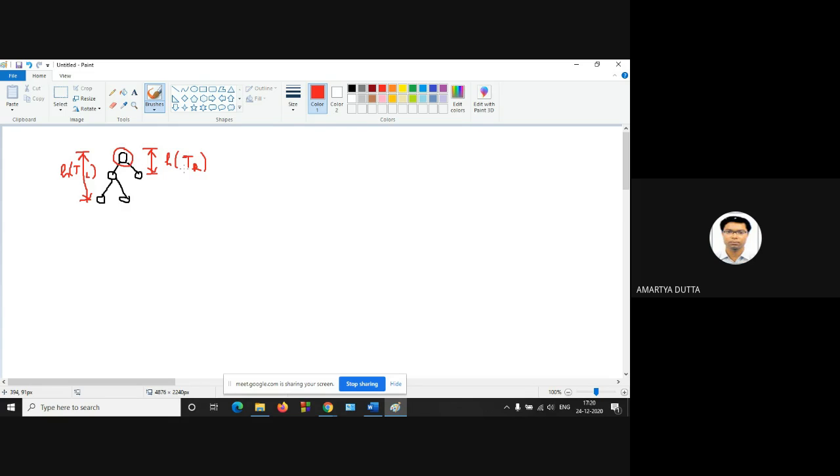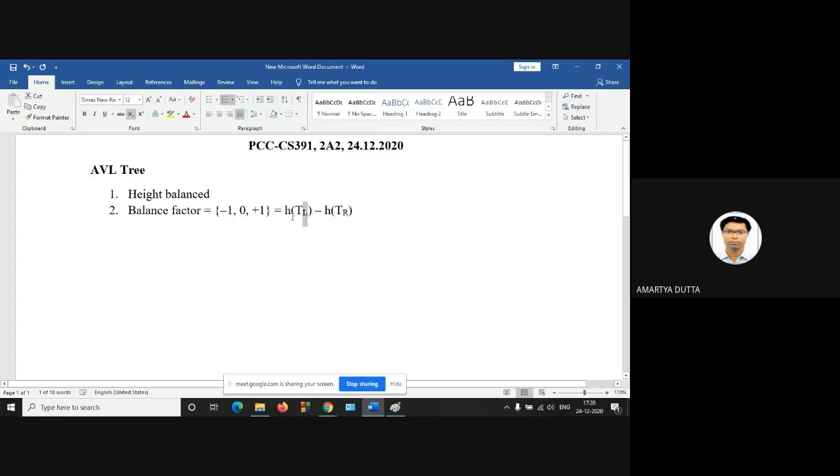So this is your balance factor, HTL minus HTR, height of left subtree minus height of the right subtree.